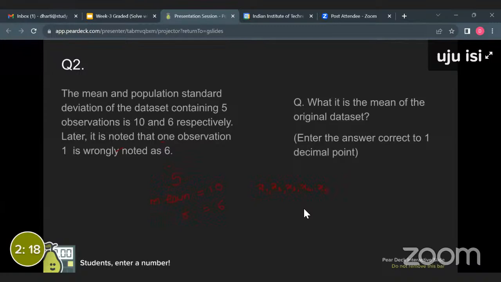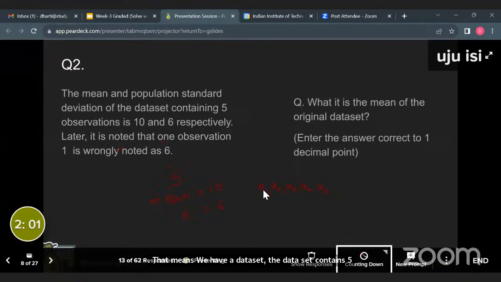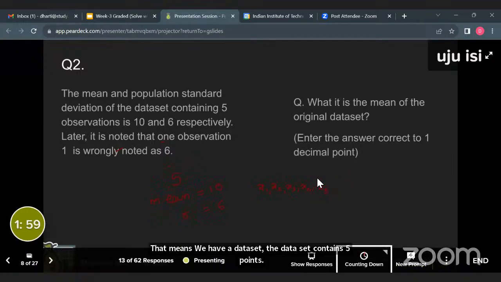Ma'am, can you explain the question again, the first sentence, please? Yeah, the first sentence says the mean and population standard deviation of a data set containing 5 observations. That means we have a data set that contains 5 points. Let's say that data set is x1, x2, x3, x4 and x5.